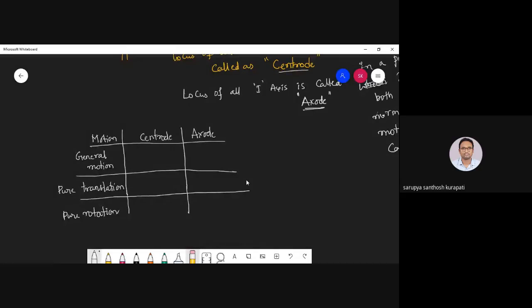Sorry. Okay. Suppose when a link is in pure translation, for example, say A and B. Now, if it is in pure translation, it is moving. Suppose you take a point B, the locus of this is like this. So it is a straight line. Now, what is the definition I said?